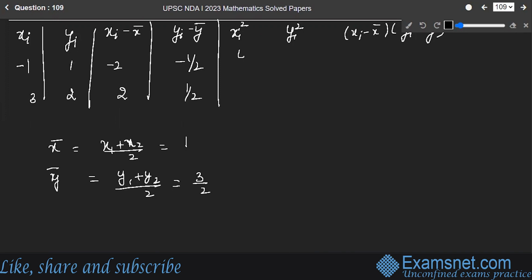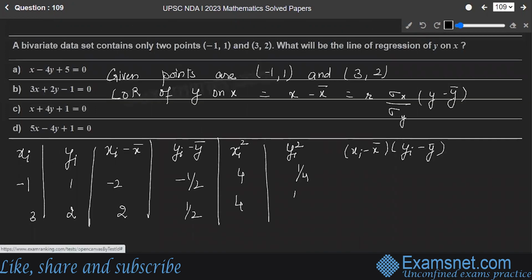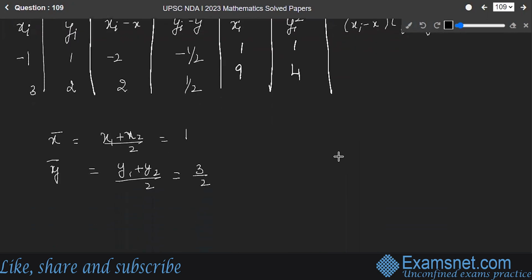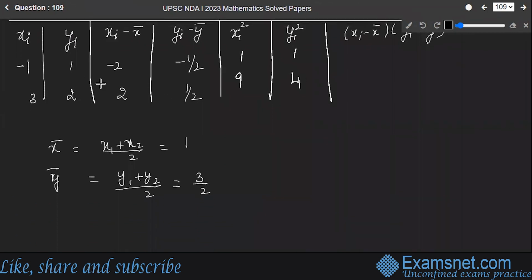Next, xi square here is 1, 9, and yi square is 1 and 4. All right. So next is xi minus x bar multiplied by yi minus y bar. Multiplying these two terms, you will get a 1 over here. And these two, you will again get a 1 over here. Hope you're clear till here.